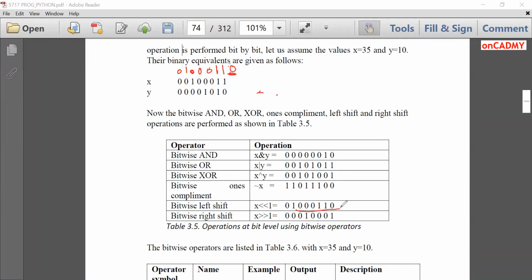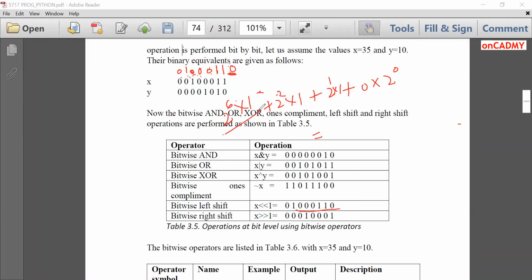Let's check. 2 raised to power 0 into 0, plus 2 raised to power 1 into 1, plus 2 raised to power 2 into 1, plus all these are zeros, but here 2 raised to power 3, 2 raised to power 4, 2 raised to power 5, and here 2 raised to power 6 into 1.